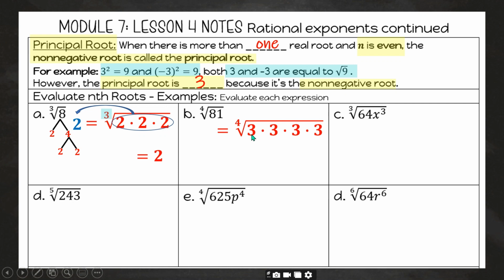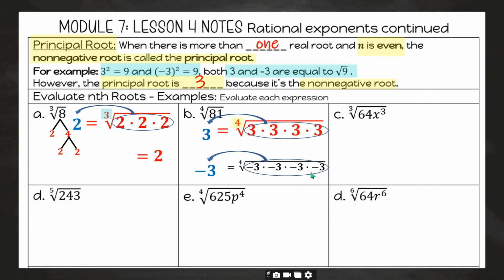And because I have 4 of the same number and I have an index of 4, I could take it out and it becomes 3. Well, also, if I have negative 3 times negative 3 times negative 3 times negative 3, that is also 81. So the fourth root of 81 has 2 possible answers, but the principal root here is 3 because that is the non-negative root.